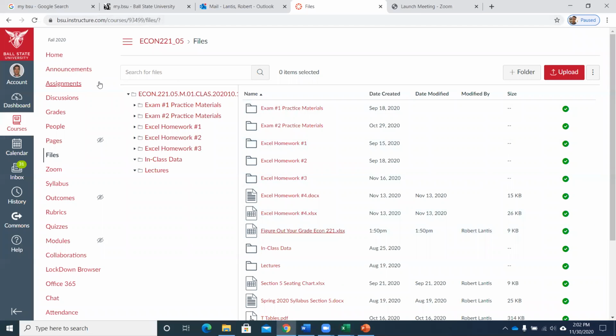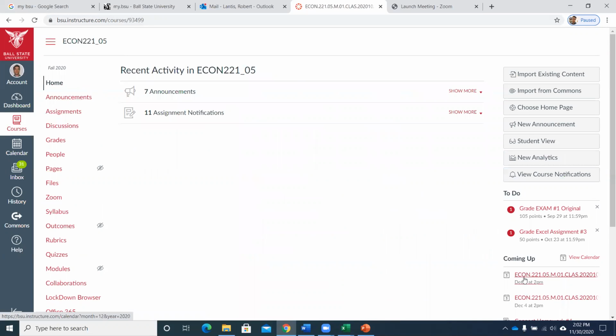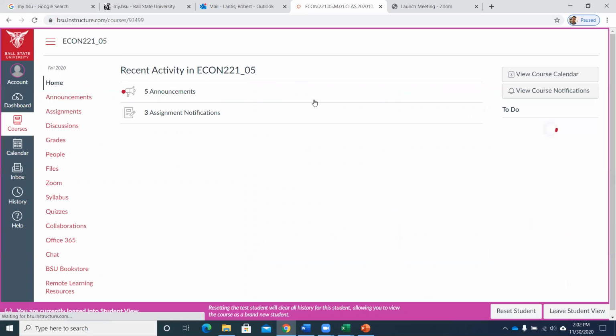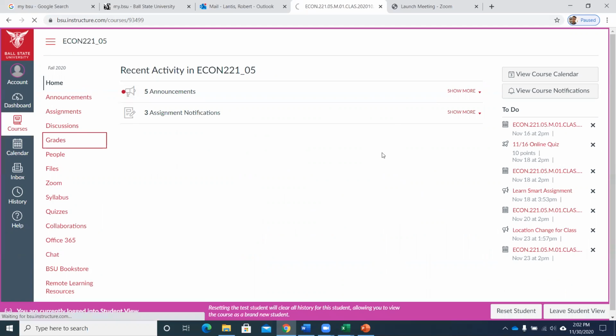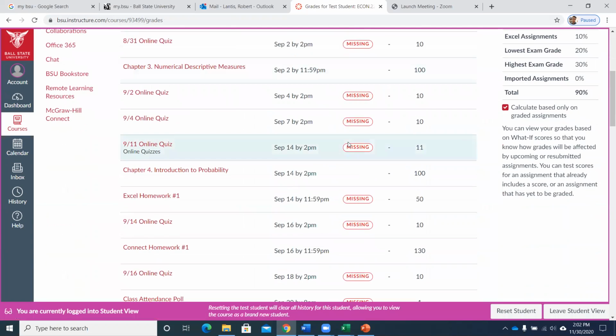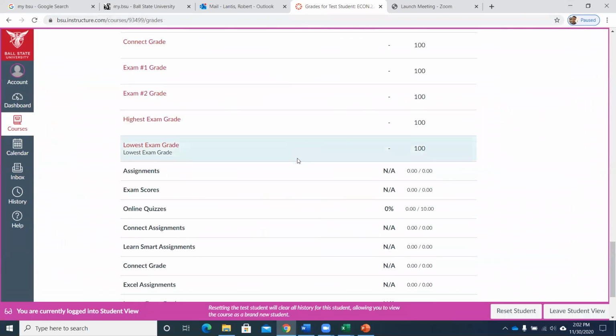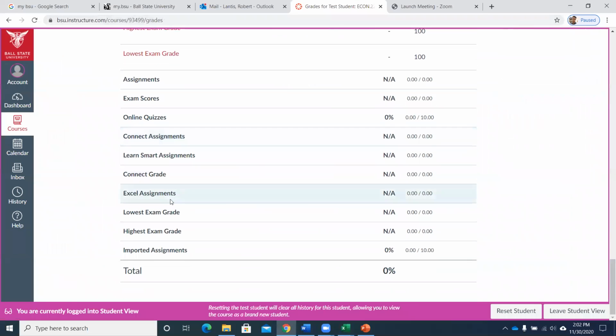You can get that information from Canvas. So that I don't show anyone's grade, let's go to Student View, and then to Grades. If you scroll down to the different categories, the only categories that were weighted are your online quiz score, your Connect assignment score, your Connect grade, your LearnSmart assignment score, and then your Excel.